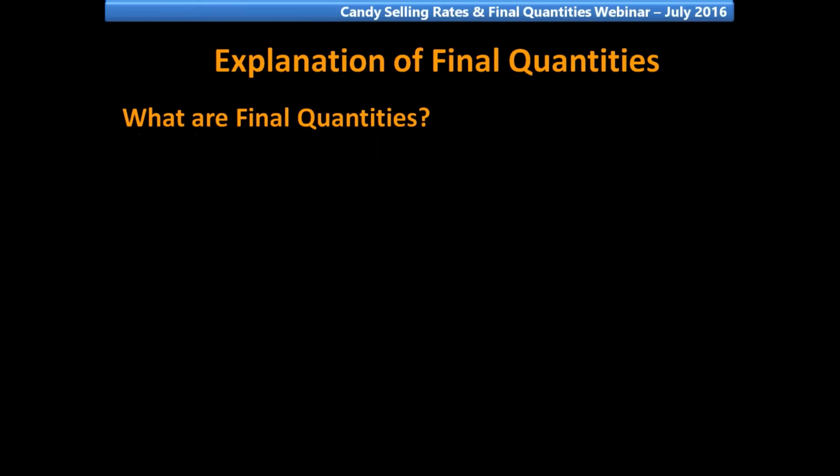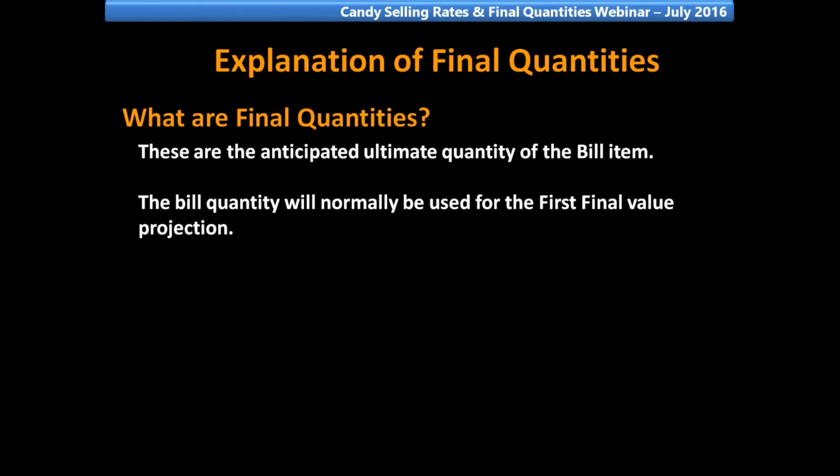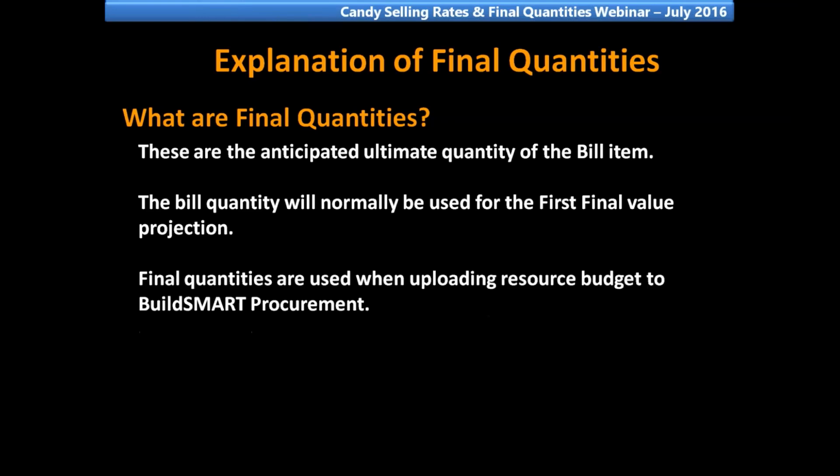What are final quantities? These are the anticipated ultimate quantity of the bill items, and the bill quantity will normally be used for the first final value and projection.